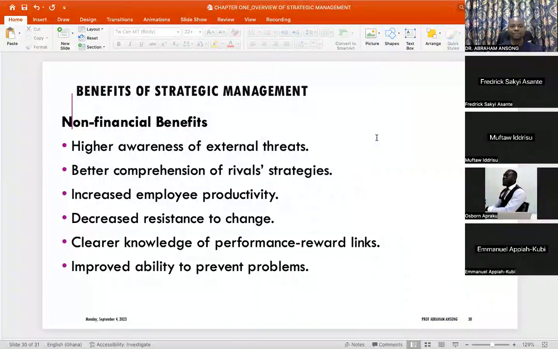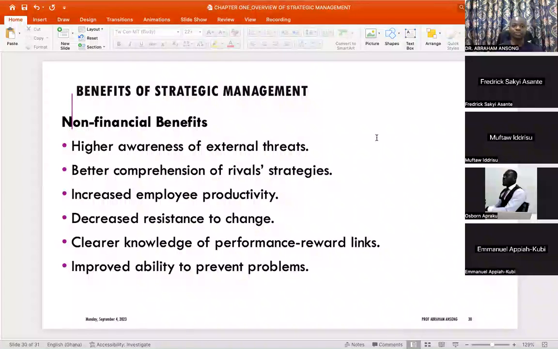That is another advantage. It is coming from the point that I just mentioned, the fact that you need to connect compensation to employee performance so that your rewards will not be based on whom you know, but on your actual contribution towards the attainment of the strategic objectives of an organization.